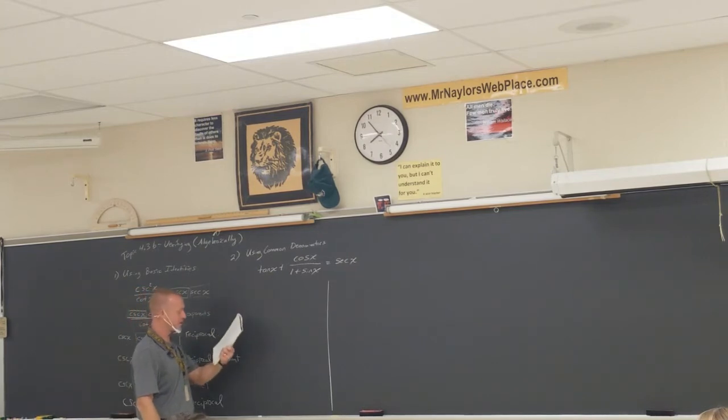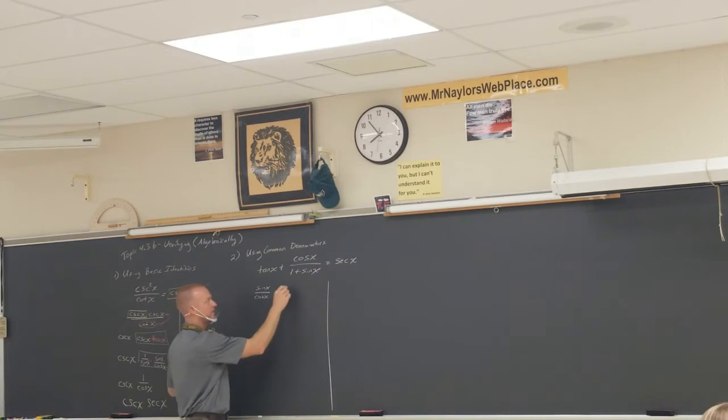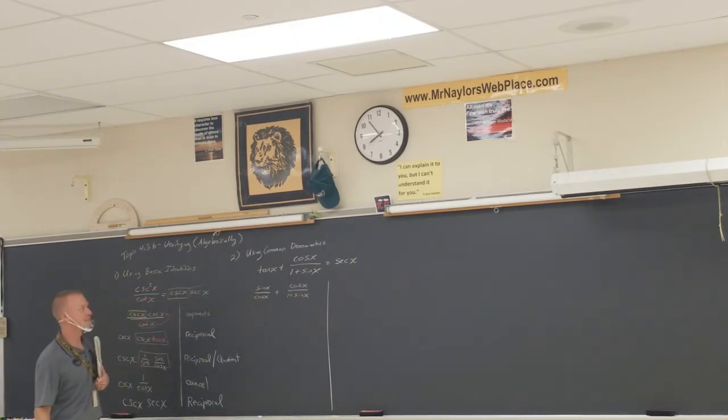When you have 2 fractions being added together, that's really the only thing you can do, which is to use a common denominator. Do you see the 2 fractions? One of them is this sine over cosine. So of course we have to change it.